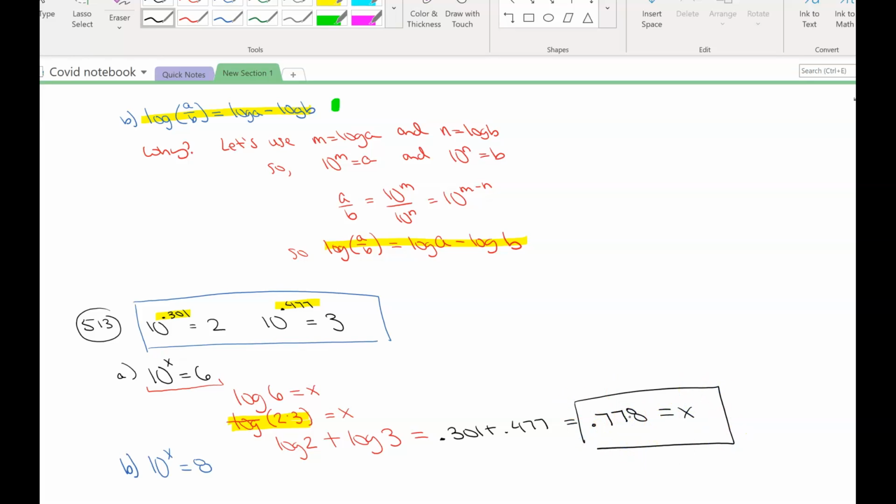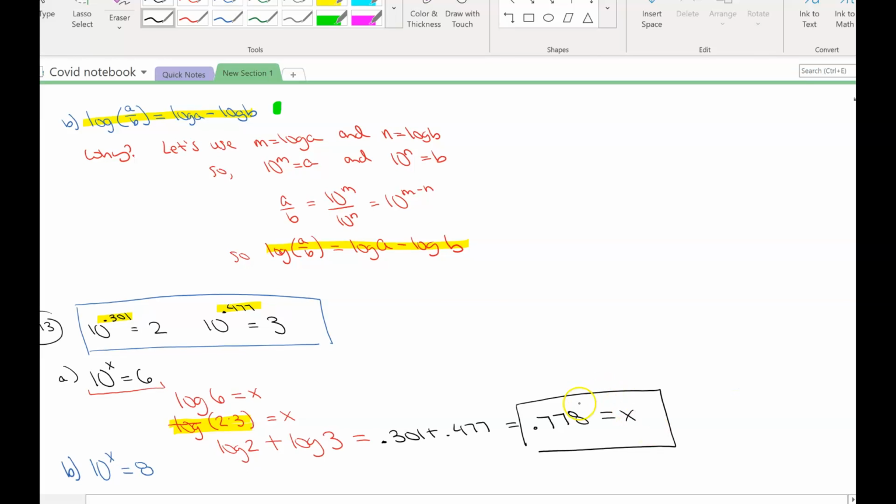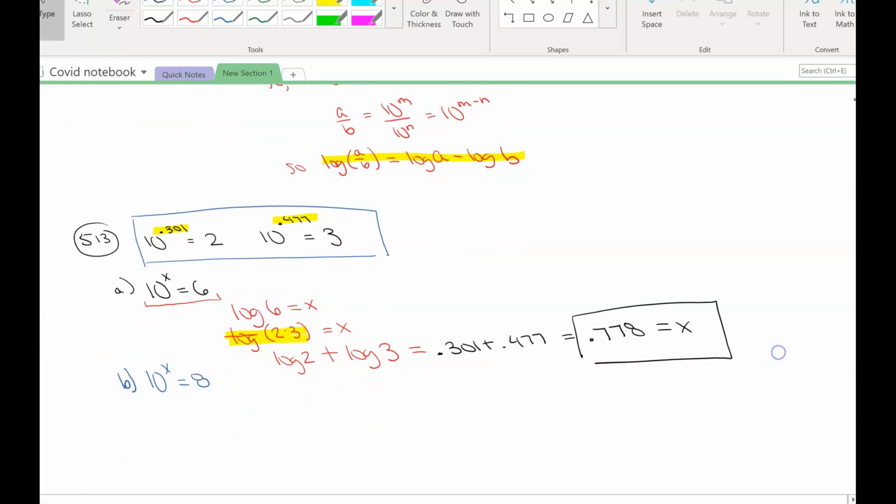And don't lose sight of the fact that x is the power that 10 is raised to get you to 6. Okay? I'm going to do part B with you. Let's rewrite this logarithmically. So 10 to the x equals 8 is the same thing as saying log base 10 of 8 equals x.